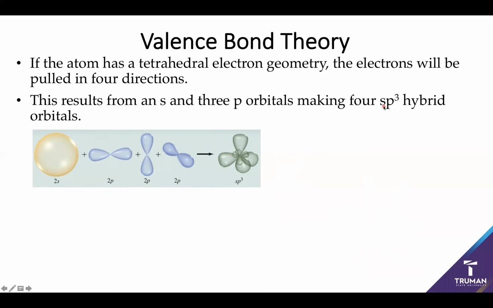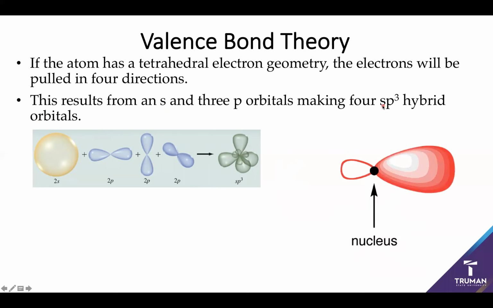Literally, I'm just listing the orbitals that went in. And in this case, I'm going to have an area of density on one side of the nucleus and a much smaller area of density on the other side. And it's going to be this greater density, which has that little bit of rounded s character, but mostly is just a p orbital that got pulled in a single direction.